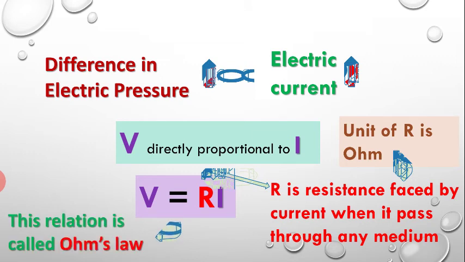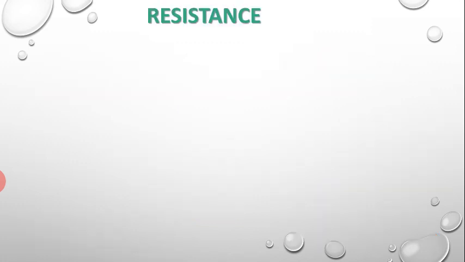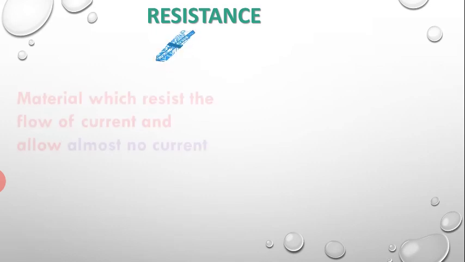After that, this is the resistance. Now we will try to understand the resistance of different materials, and based on this resistance, how we can classify the material. Material which resists the flow of current or allows almost no current is known as an insulator.